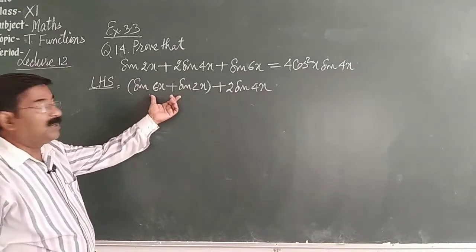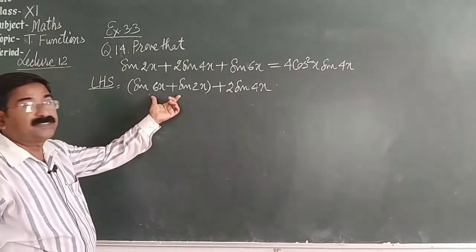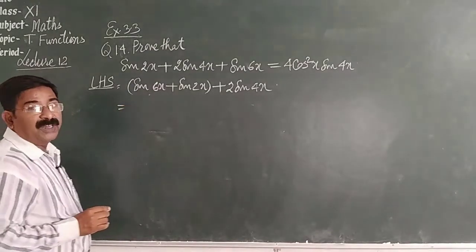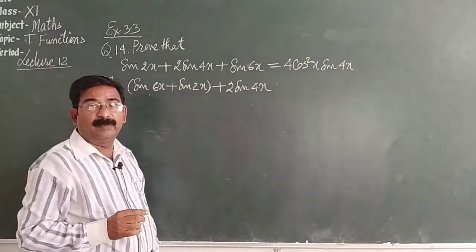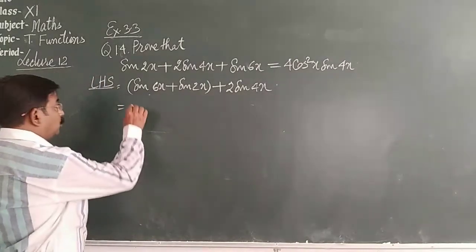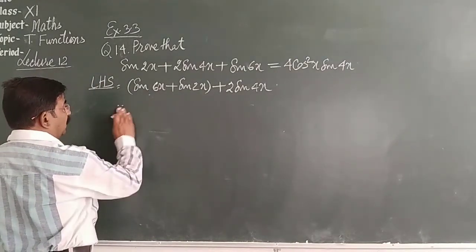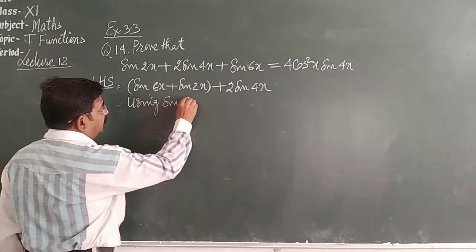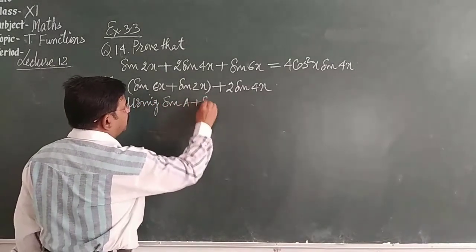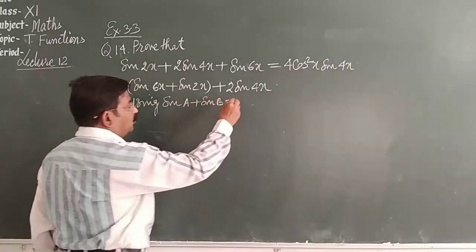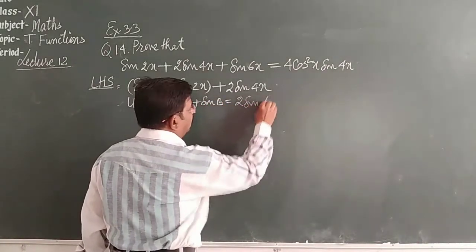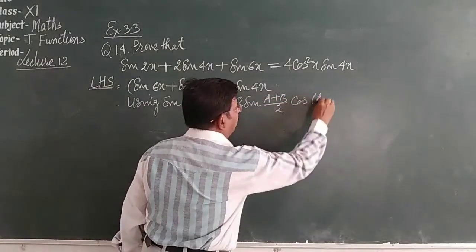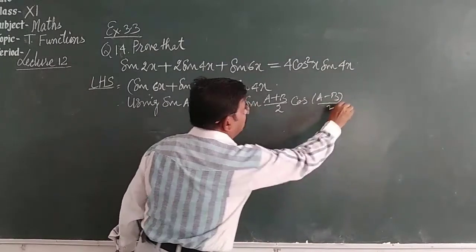Now apply the formula sin A plus sin B here. So what is the formula? Using sin A plus sin B is equal to 2 sin A plus B by 2 cos A minus B by 2, this formula.